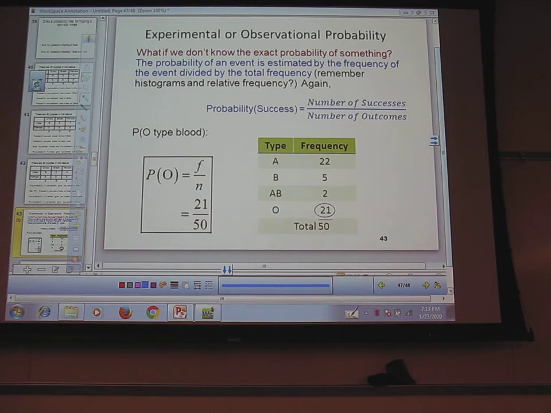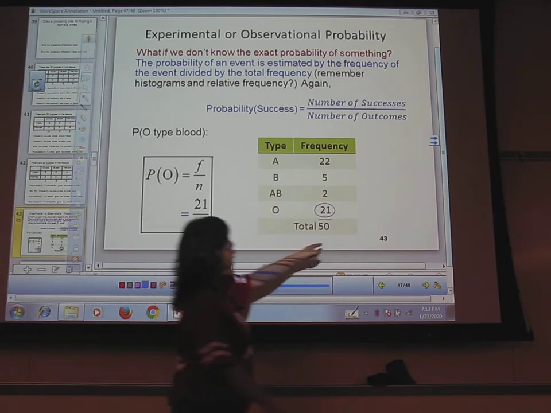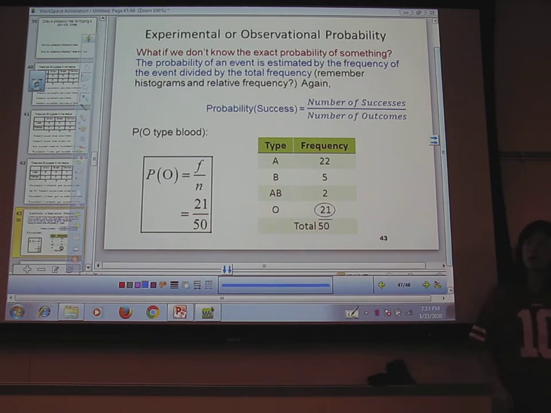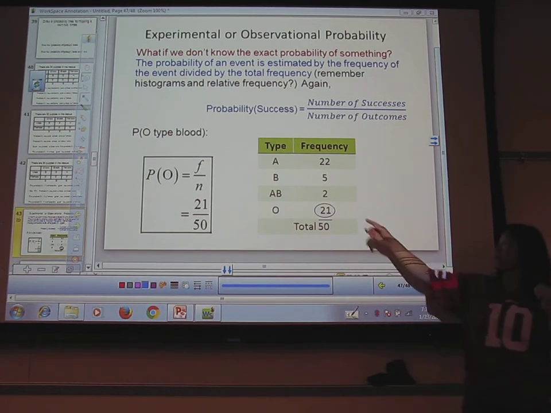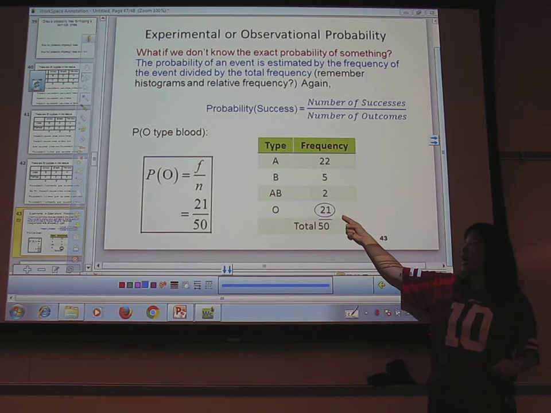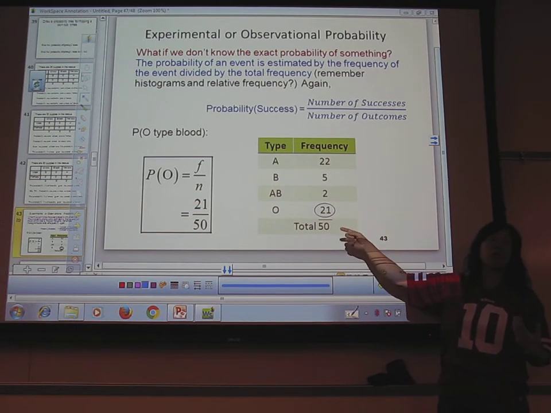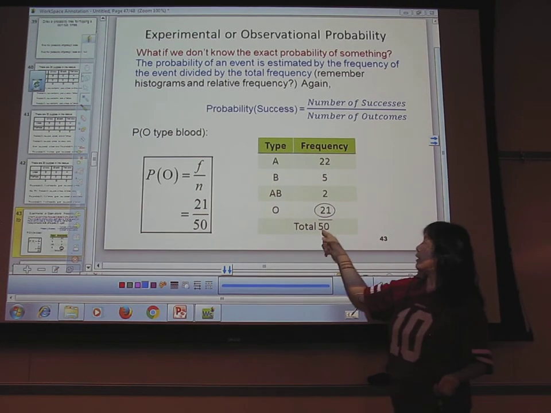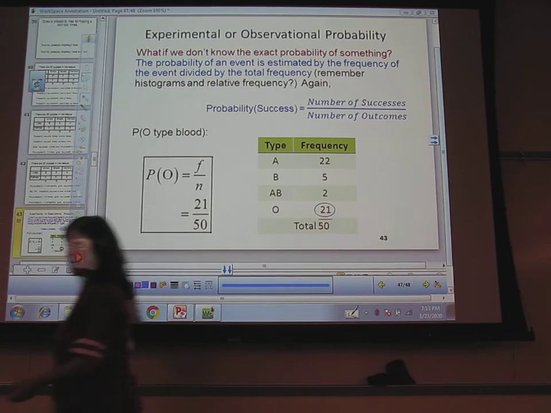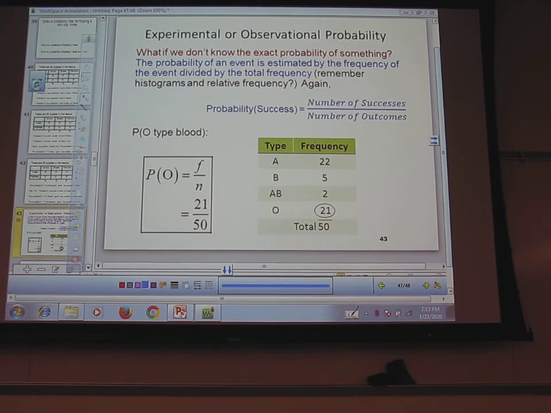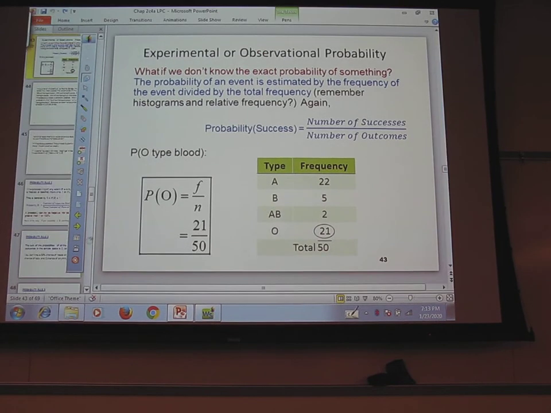For example, I don't know the probability of someone having O-type blood, but I can sample 50 people, and how many had O blood out of the 50? 21. So I would guess the probability of someone having O-type blood is 21 out of 50. Do you see where we got that from? It's not going to be ever perfectly correct.